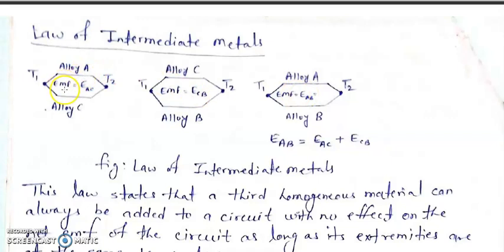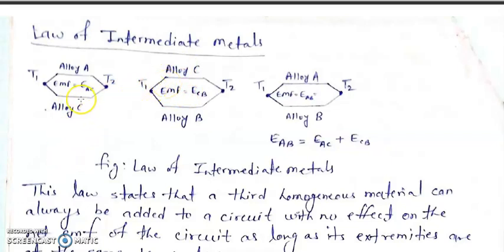Now, alloy A and alloy B are the two ending points and alloy C is common. See here, in the first one, thermocouple 1, alloy A and alloy C make two junctions T1 and T2, then alloy C and alloy B. So for these two, alloy C is the intermediate alloy or intermediate metal.